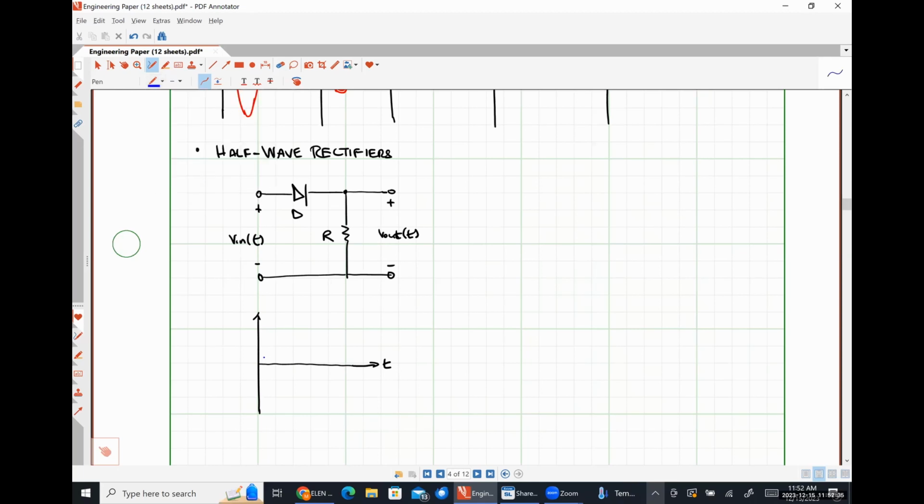So something like this. And my output signal, if my thing will change colors, will be in red.